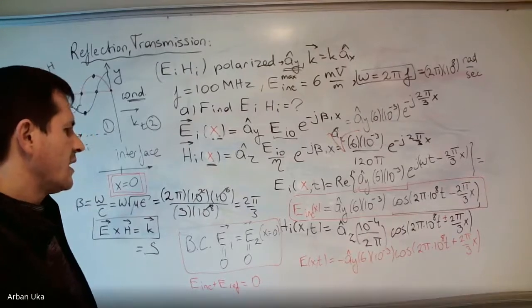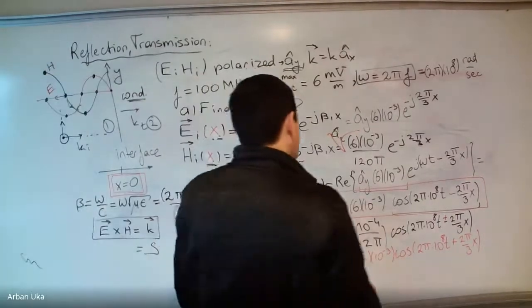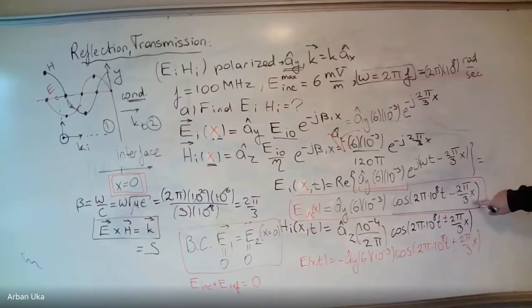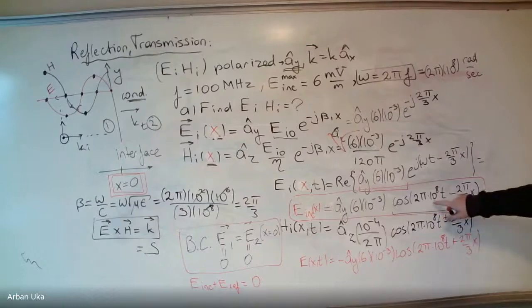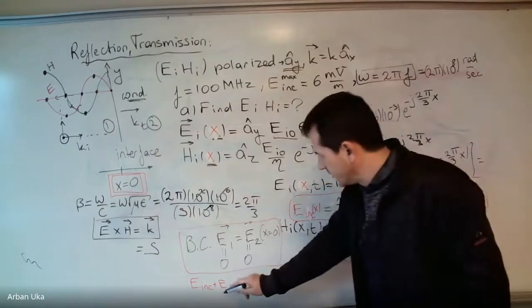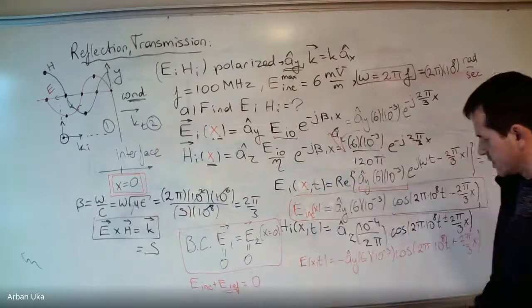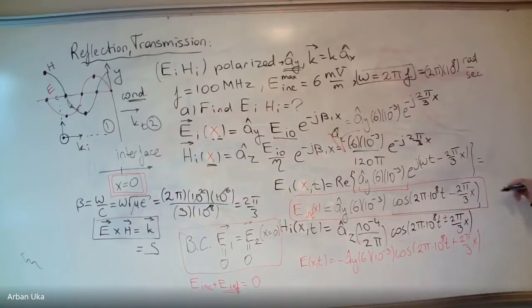And what we can also do is that if we insert x equal to 0 here, and let's set time equal to, so actually, this term will be the same. So what can you say about these? When will the E reflected plus E incident be equal to each other? Let's set x equal to 0.